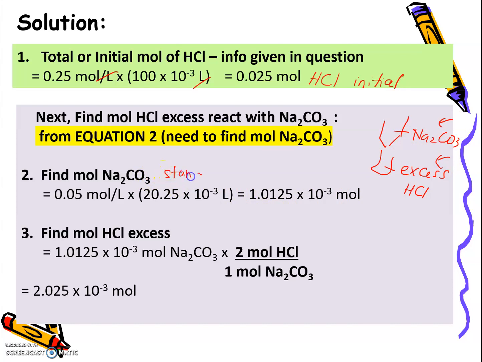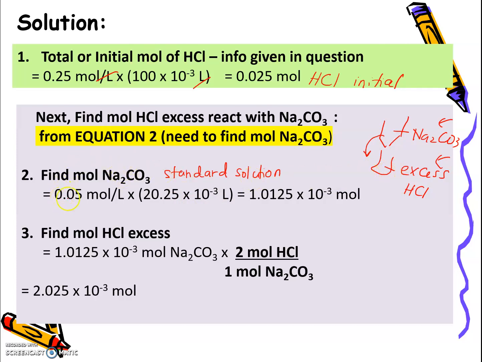Okay, if a standard solution is given in the statement, the concentration or molarity is given, and the volume of titre is given, where titre is the delivered solution of sodium carbonate that reacts with the analyte.